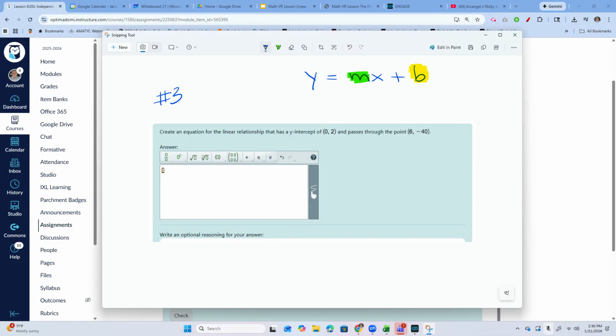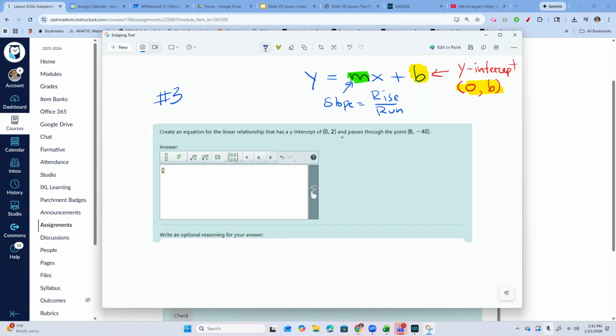The value of b is called the y-intercept. And the y-intercept is the point on the y-axis, and it looks like this, okay? Parentheses 0, comma b. And the m is the slope, okay? And the slope is rise over run.